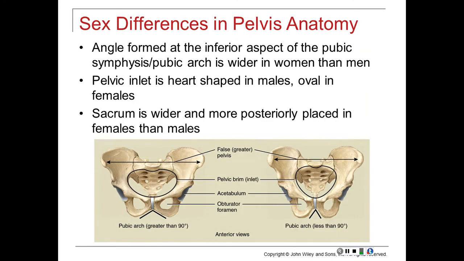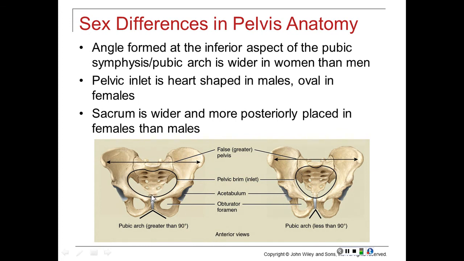Some differences in gender. You can just compare these 2 pictures here. One's a male, one's a female. Female pelvis here, much wider. If you just look at these iliac crests, much greater false pelvis in a female as opposed to the male. Check out this pelvic brim, or the pubic inlet or pelvic inlet, much narrower in males than in females, which is much wider.